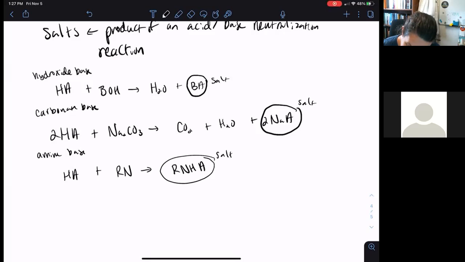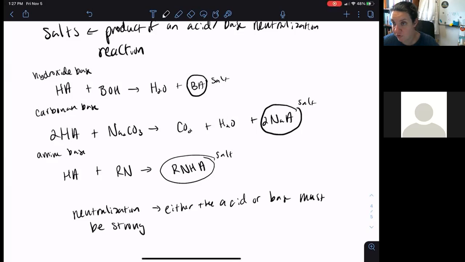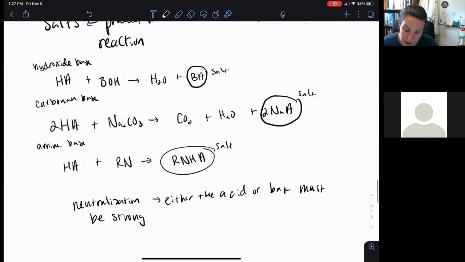As a note, to be a neutralization reaction, either the acid or base must be strong. You can have them both be strong or just one of them.